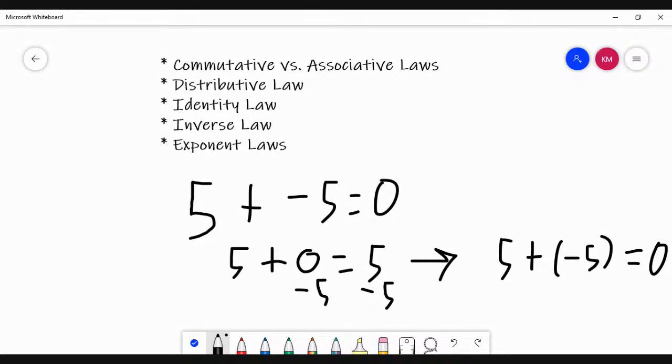Now, this is my philosophy. This is how I came up with the concept, or how I feel like it was identified to go from identity to inverse. But I would recommend doing your research. So, inverse for addition is always 5 plus the inverse of the negative form of that number equals 0. That is the inverse for addition.